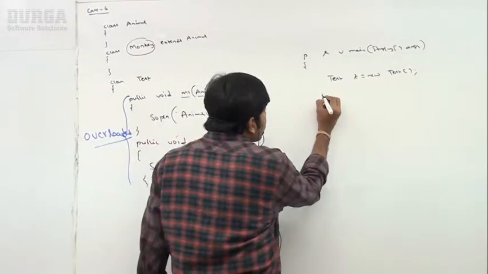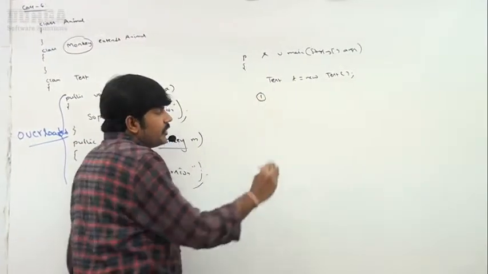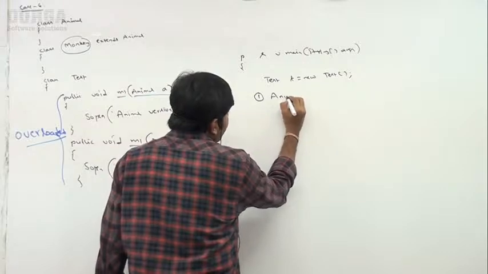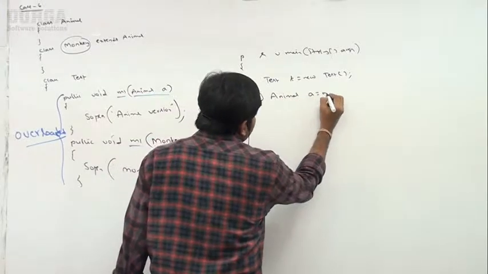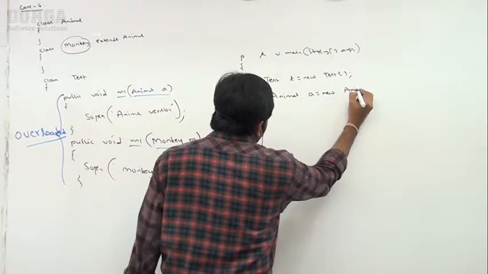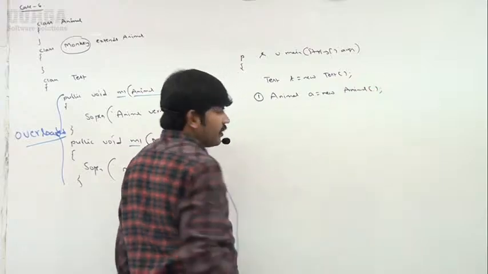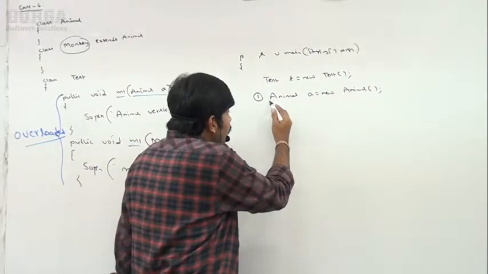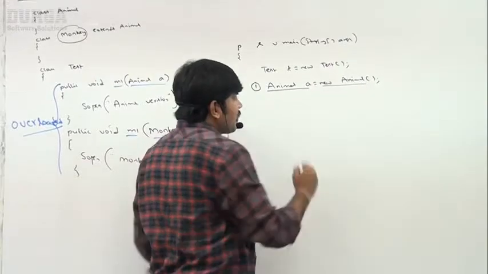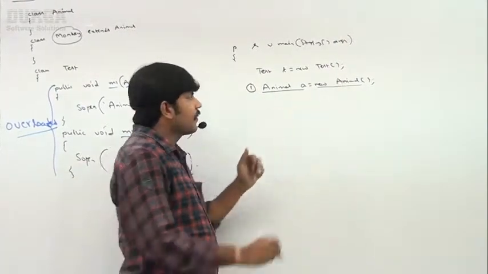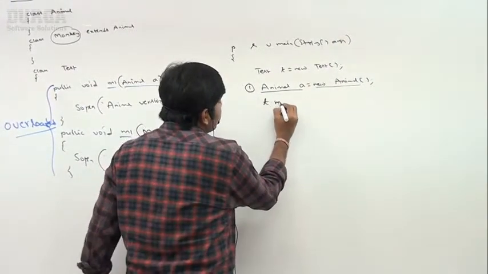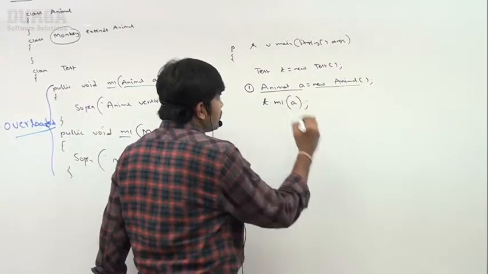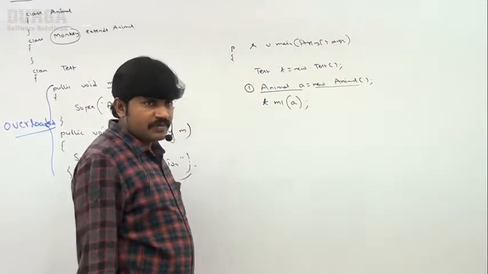Now observe the first one. Animal a = new Animal(). Sir, I'm creating an Animal object. Reference type Animal, runtime object is also Animal only. t.M1(a). This is the first one.